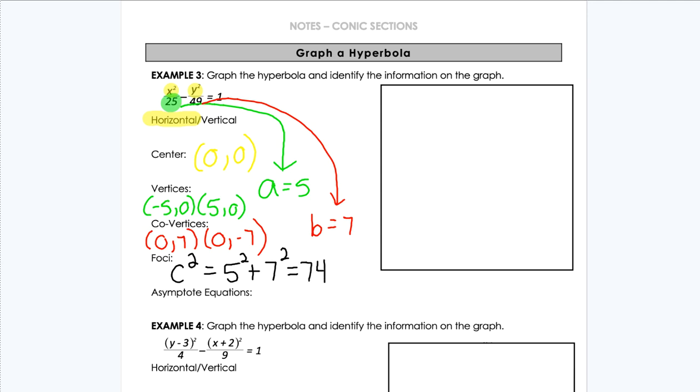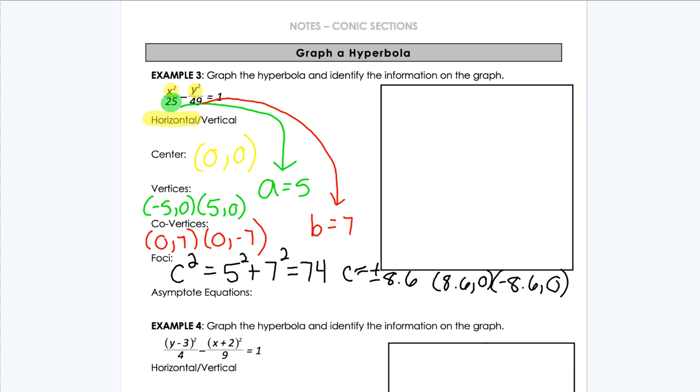When I simplify that, the square root of 74 is not exact, so c is about plus or minus 8.6. That means my foci are plus and minus 8.6 away from the center. Since this one is horizontally oriented, the coordinates of those would be 8.6, 0 and -8.6, 0.